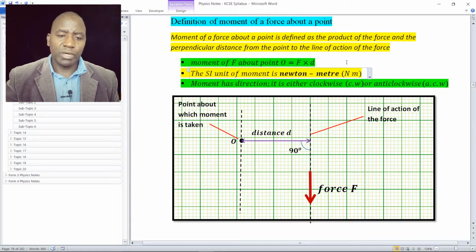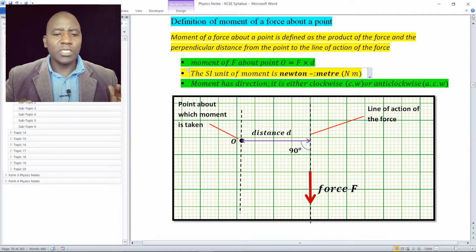Here we are multiplying the force and the distance, and since we are doing that, we get Newton meter. Now when an object turns, it can turn either clockwise or anti-clockwise. So moment has direction, and for that case, moment is a vector because it has direction. It is either clockwise or anti-clockwise.